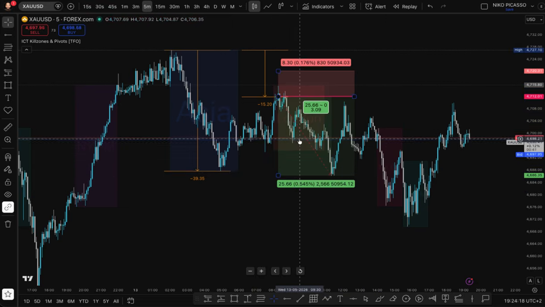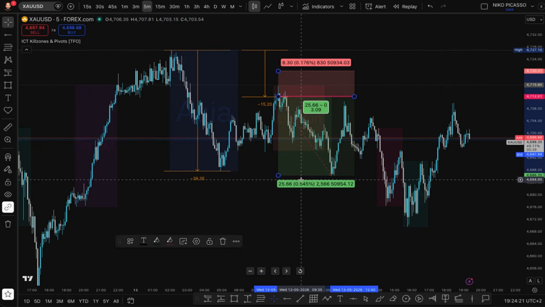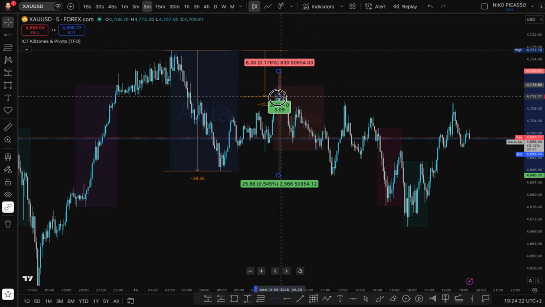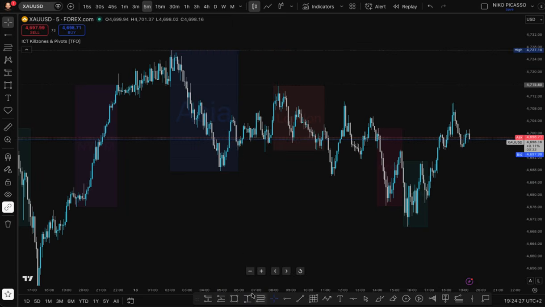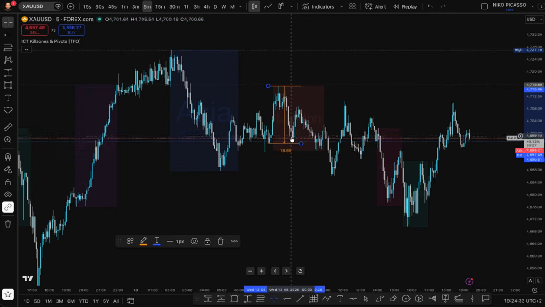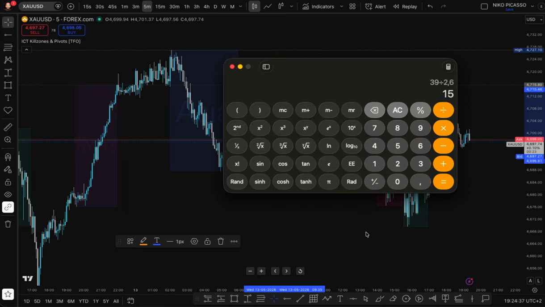Then from that trade setup, we had a micro setup within that setup. When we look at the impulse from this high to this low, this swing high to this swing low, we have 18 here. So we can grab our calculator, and 18 divided by 2.6, so that is 6.